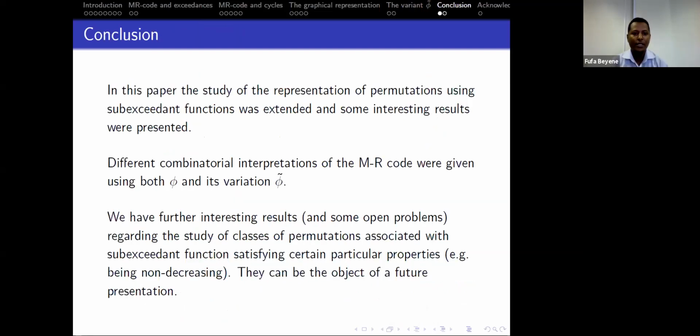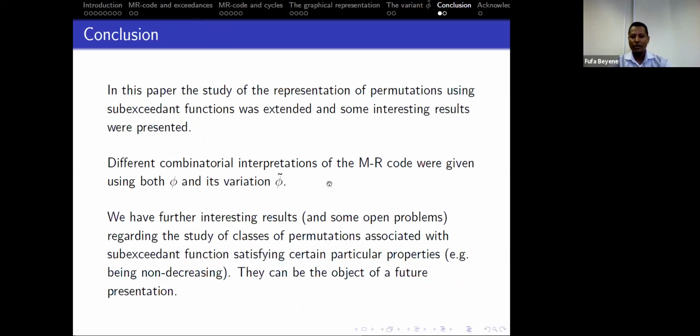So I have this much, and finally I conclude. In this paper, we have extended the representation of permutation code called subexceedant functions, and some interesting results were presented.